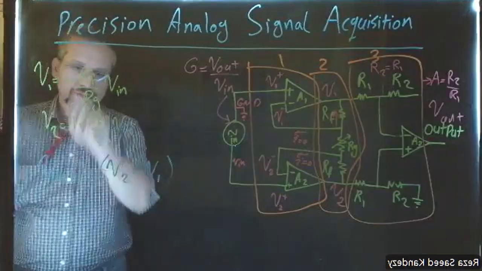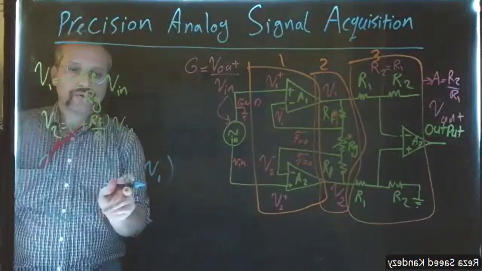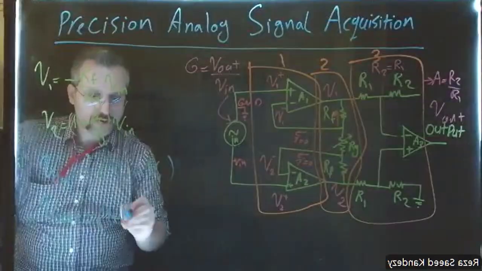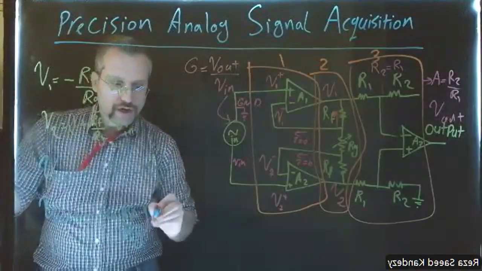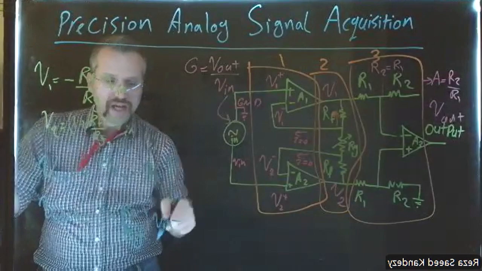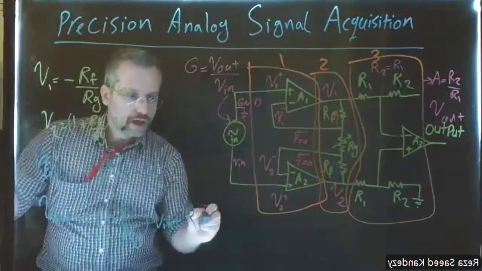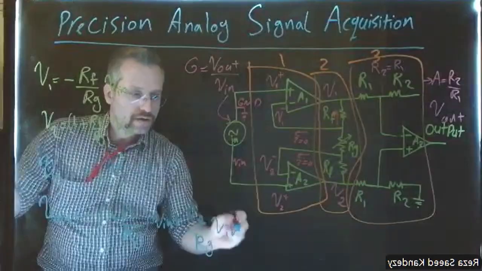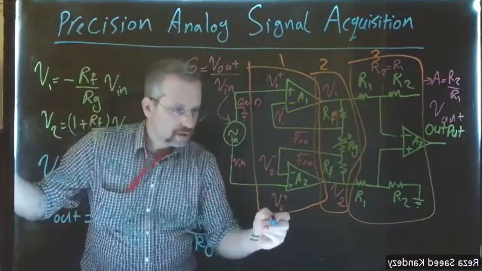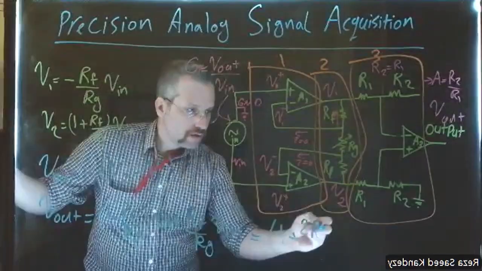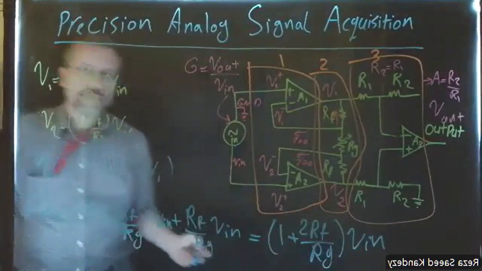Now let's put in everything. V out is going to be equal to V2, which was 1 plus RF over RG times V in, minus V1, which has a minus, so it becomes plus RF over RG V in. So you can easily see that the gain becomes 1 plus 2RF over RG times V in.